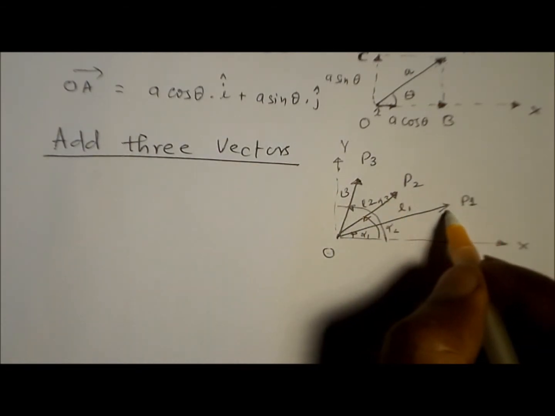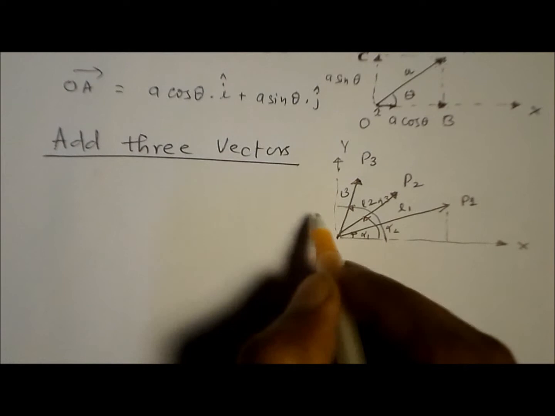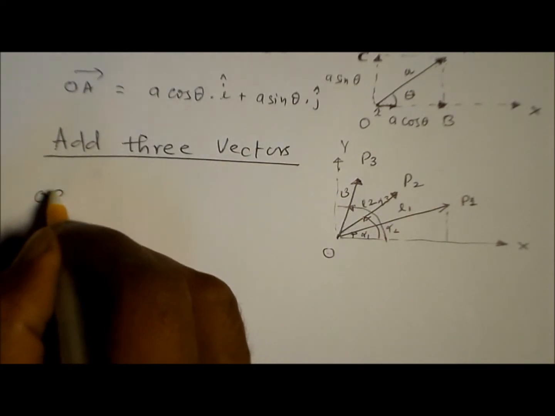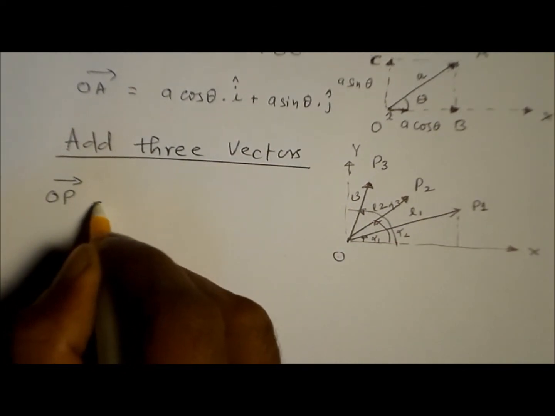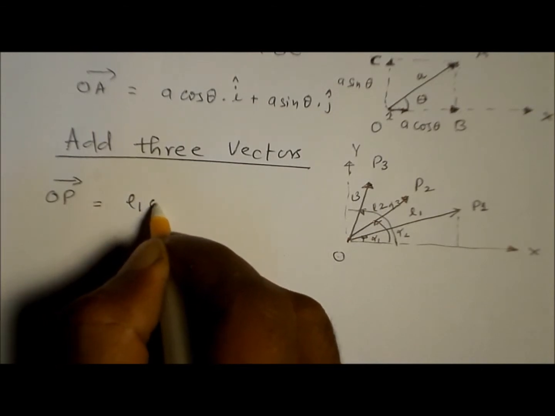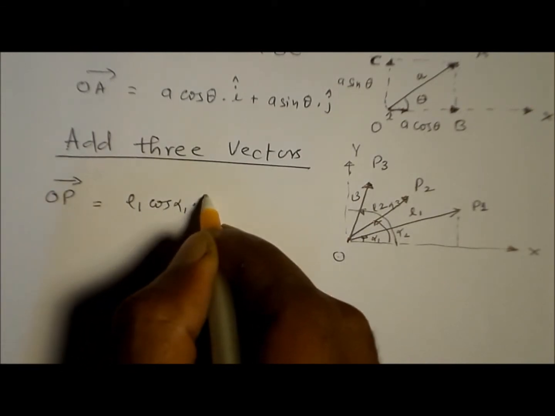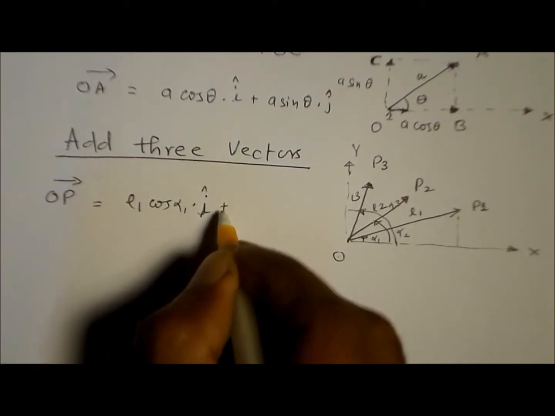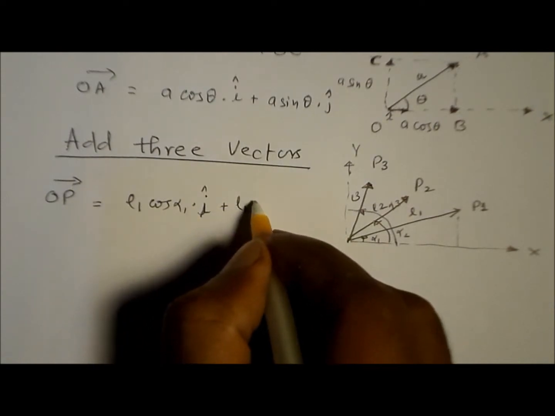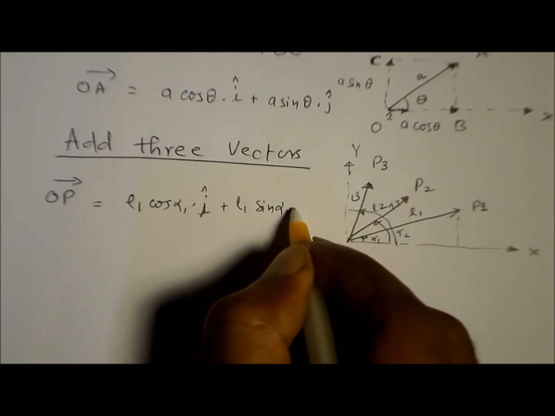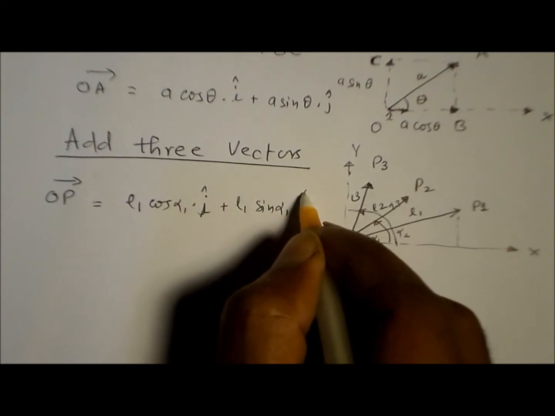So how do we express OP1 in terms of the resolution of vectors? We can write OP1 vector as L1 cos alpha 1 multiplied by i vector, which is the unit vector, plus L1 sin alpha 1 multiplied by j vector.